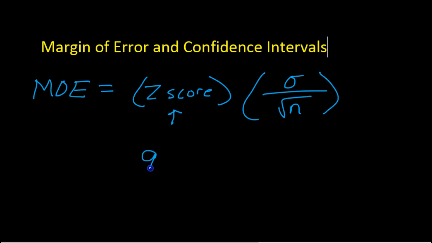If we want a 90% confidence level, then we'll use a certain z-score for that, and I'll show you a chart in a moment. If I want a 95% confidence level, then I'll use a different z-score.